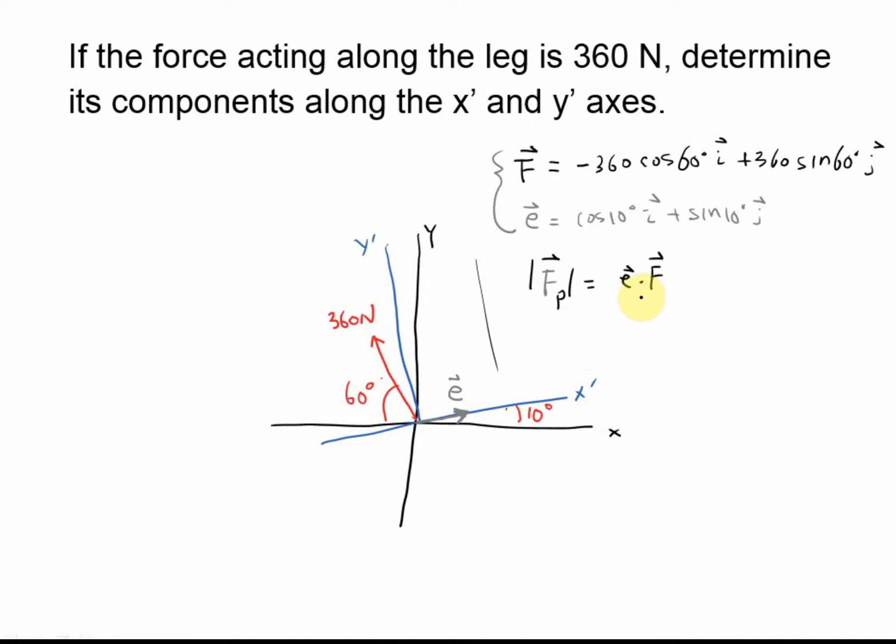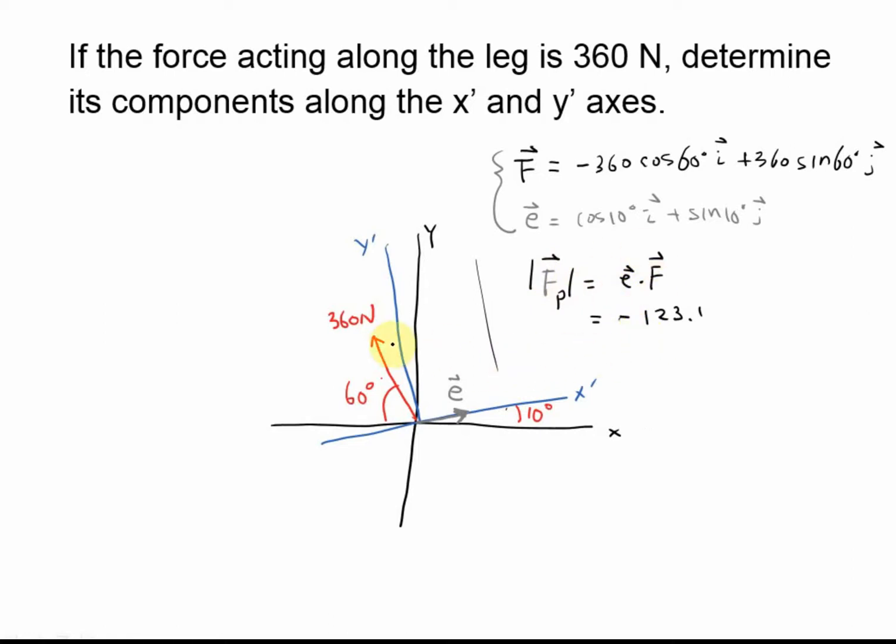If you do the dot product between these two vectors, you just multiply the i components plus multiply the y component values. Then if you do that, this becomes negative 123.1, and this is just the magnitude. The magnitude of the result of the dot product is negative.